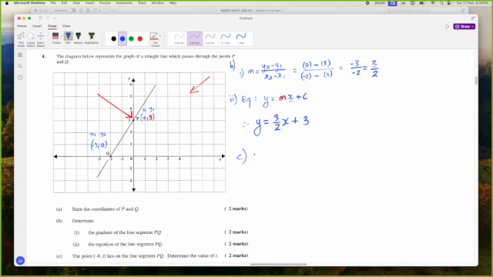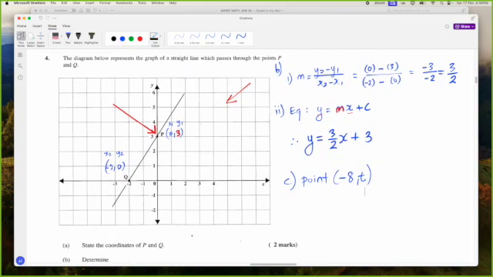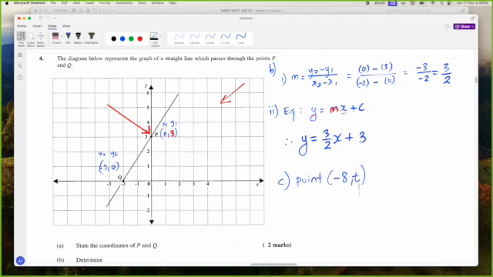Part C, the point negative 8t lies on the line segment. Determine the value of t. Well, that's pretty easy, right?